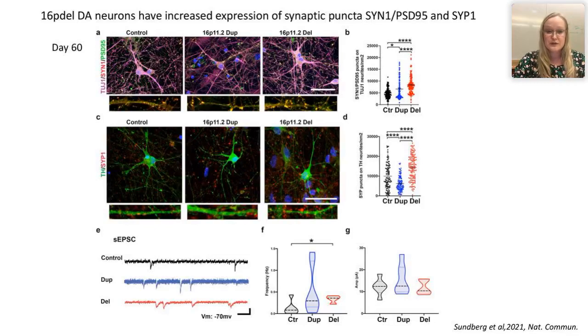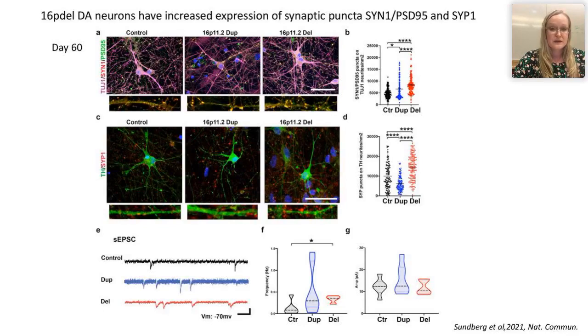Also, in the TH positive dopaminergic neurons, synaptophysin expression was significantly increased in the 16p deletion population compared to control cells. Then we wanted to ask whether these synaptic marker expression changes will affect the functionality of the neurons?